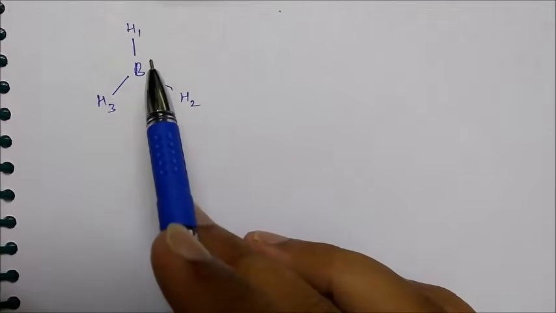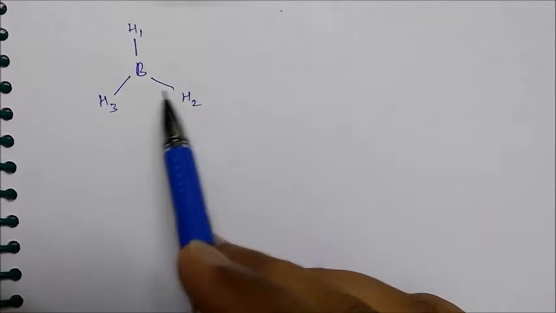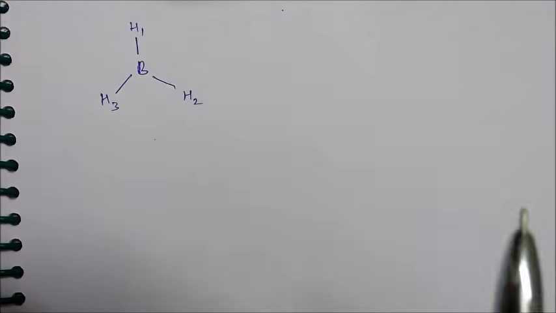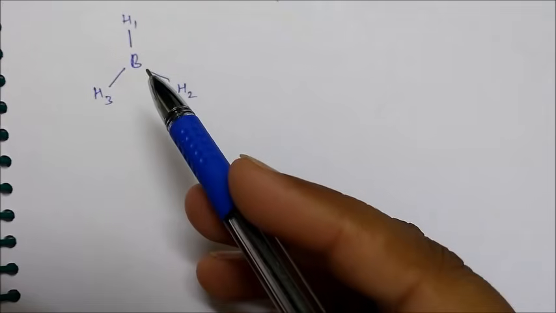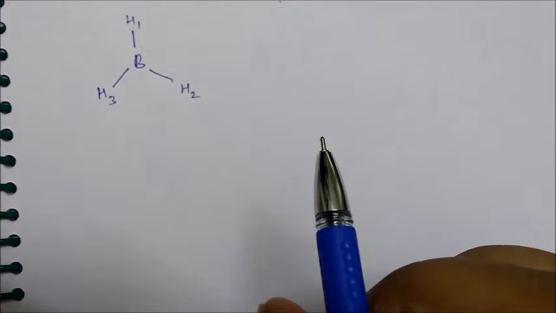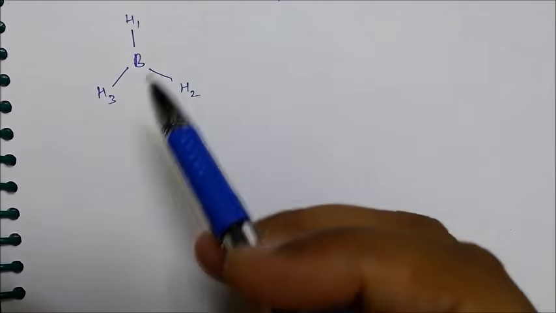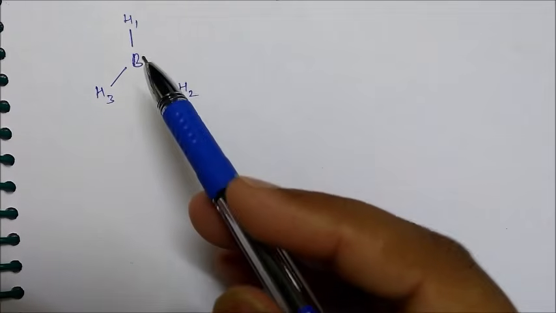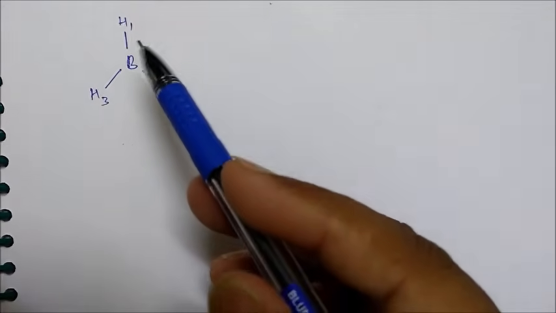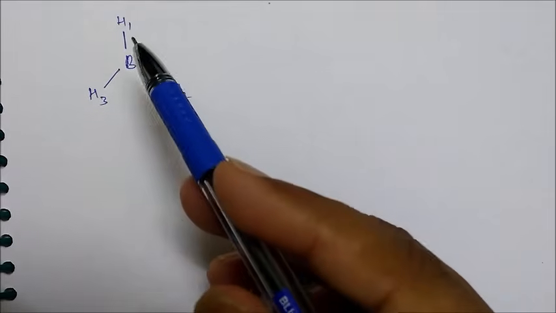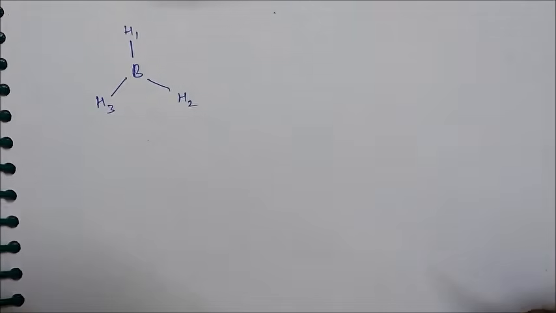If you see your fan, these hydrogens are just like the wings of your fan. I don't know whether in your home there is a 4-winged fan or a 3-winged fan, but generally all homes have a 3-winged fan, so I'm taking that as the example. The center of the fan is like this boron atom, and all 3 wings will be considered as the hydrogens.